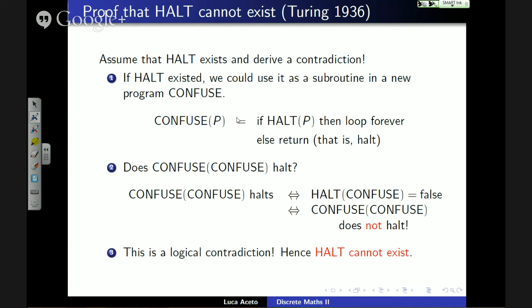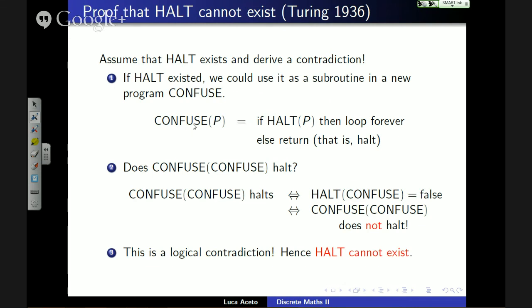So we are going to assume that there is this program halt with the given behavior. You give it a P, it will return true if P terminates on input P, false if P does not terminate on input P. So since somebody, for instance, a magic wizard, has given us this program halt that we assume exists, we can use it as a method in a larger program.